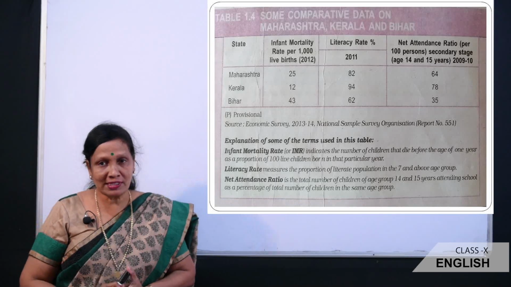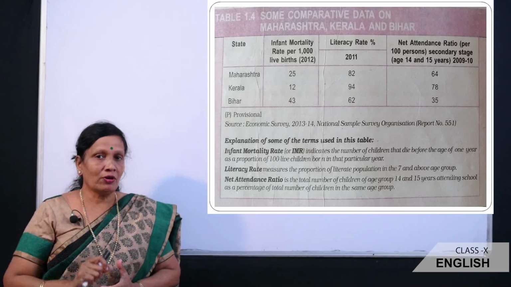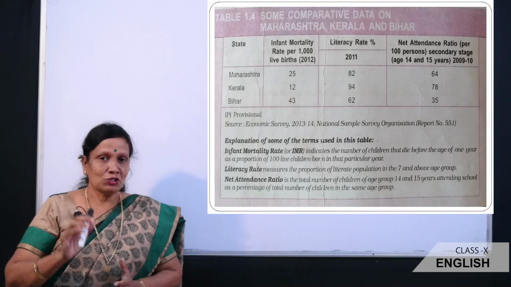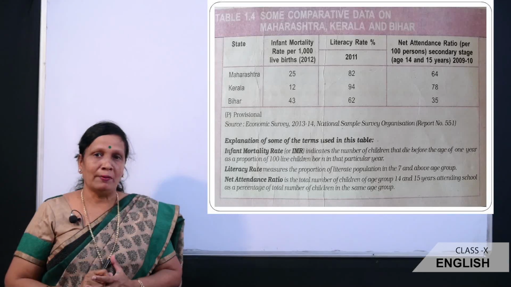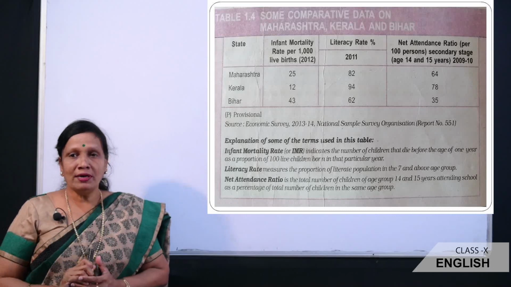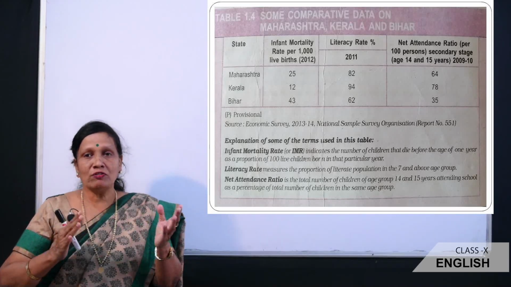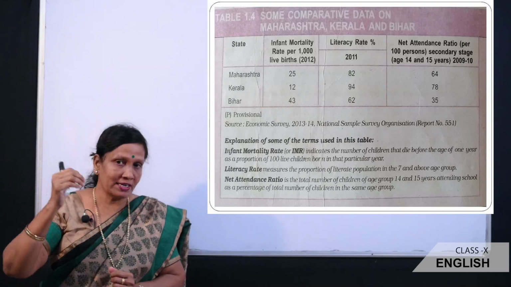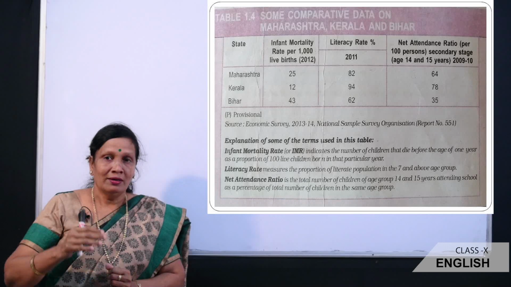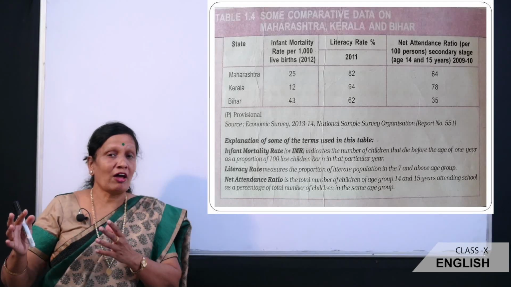Now children, look at the screen. This particular table I have taken from your social science, right? So if you have your social science textbook, you can look at the table. Here they are talking of the comparative data on Maharashtra, Kerala and Bihar, 3 different states. So you can see the 3 different states, and what are the points that have been compared?